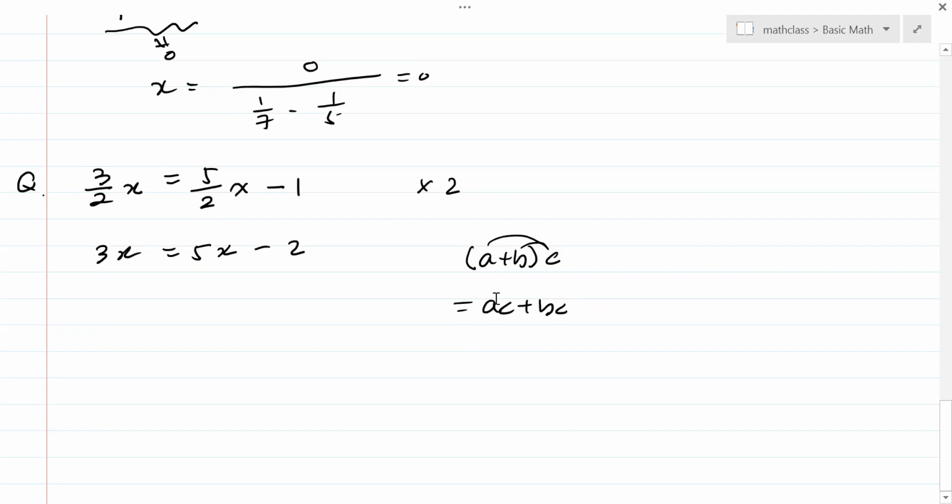So this is a place where you probably make mistakes, and then the answer will be totally different, right? There are 2 terms on the right-hand side. If you don't want to make too many moves, then you just move 5x to the left, and you get a negative number.